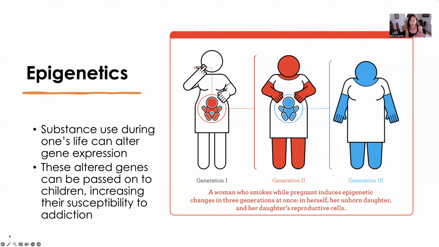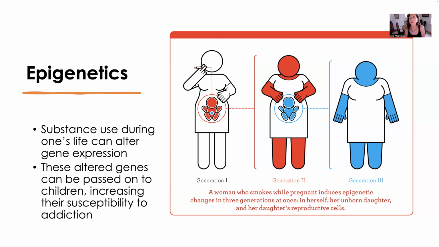That may alter her own gene expression, but by doing so when she's pregnant, it is now altering the baby's genetic expression. That gets passed on, or it can get passed on. So now we have another generation of a woman who has greater susceptibility to smoking because her mother smoked during pregnancy. Not because her mother was born with that genetic susceptibility, but because she smoked during pregnancy.